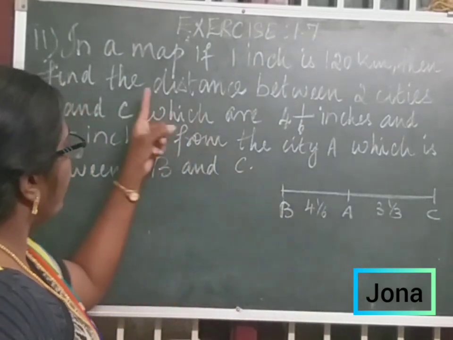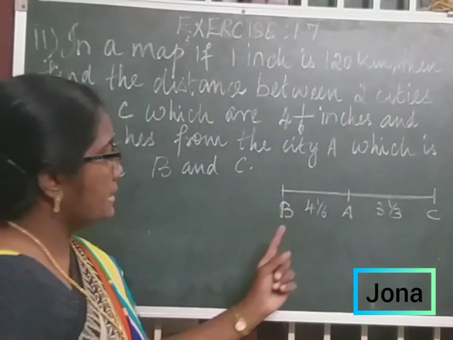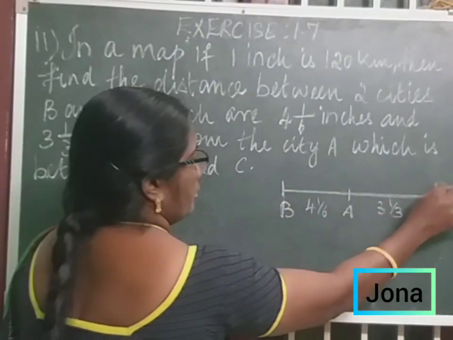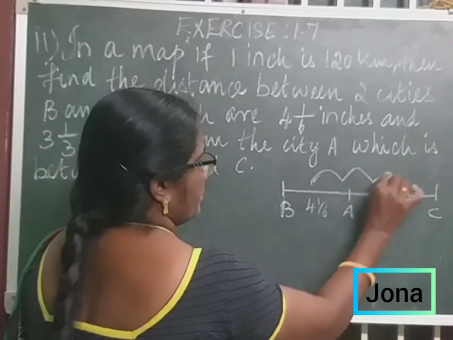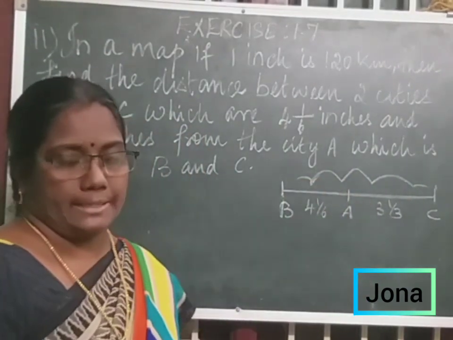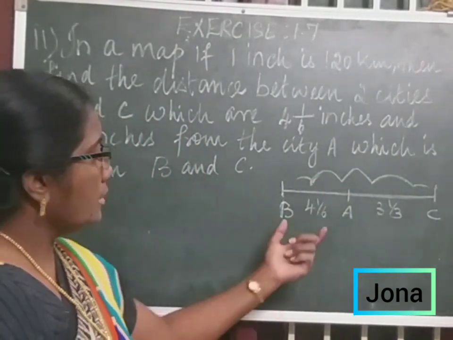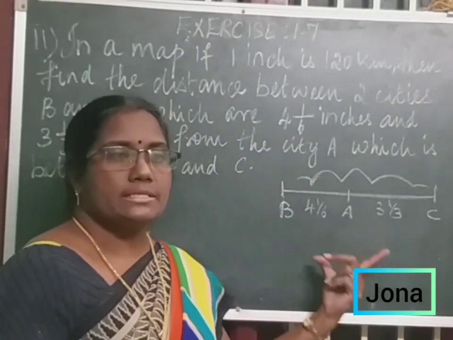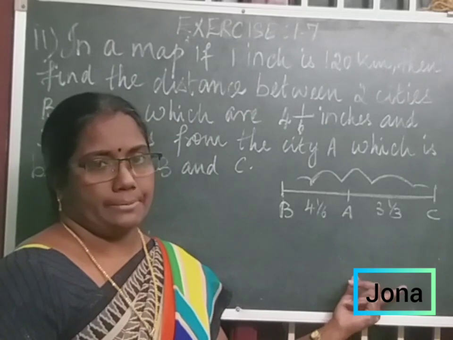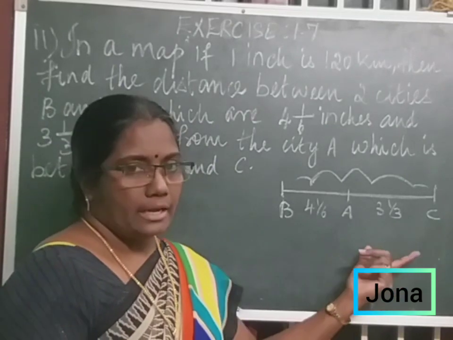Here I want to find the distance between the city B and C. If we add this one and this one, we can easily get the distance between the cities B and C. Let me find the addition now.